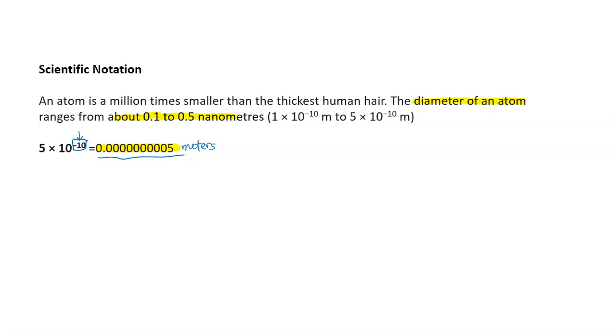In order to help us understand why this can be written as 5 times 10 to the negative 10, we're going to look at the exponents of 10. For positive exponents, I think we are familiar with this. 10 to the first is 10, and 10 to the second is 10 times 10, which is 100, and 10 to the third is 1000 because we have 10 times 10 times 10.